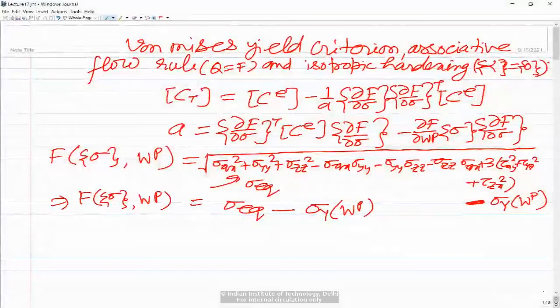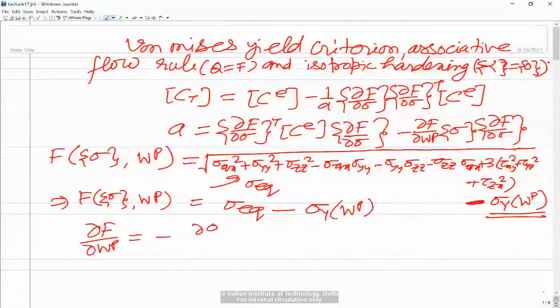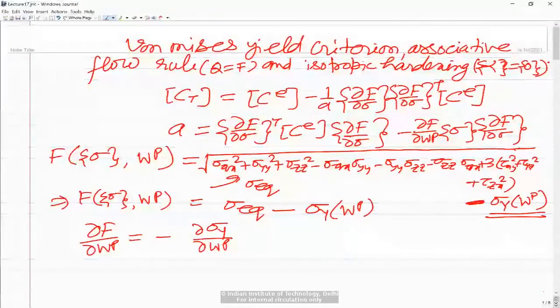Now we want del f by del Wp. You see only this term is a function of Wp. So when you write del f by del Wp, it will be minus del sigma y by del Wp, because sigma y is the only term which is a function of Wp, and usually we have the yield stress as a function of plastic strain.